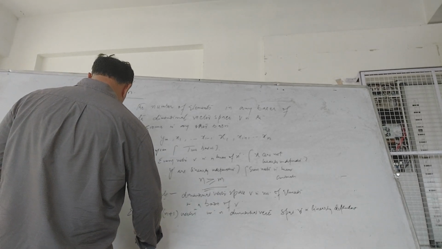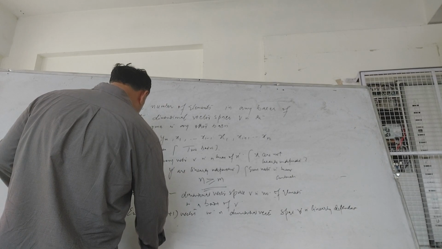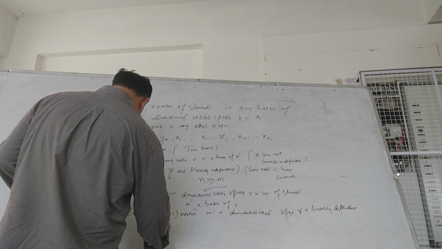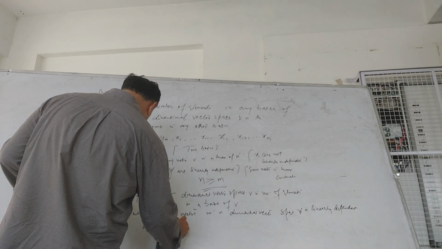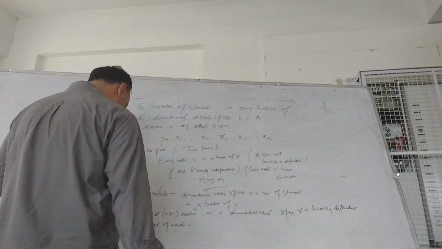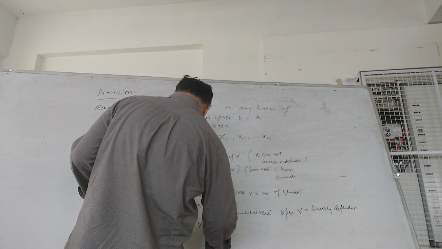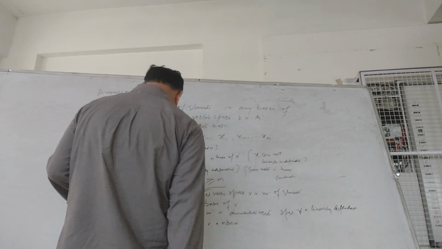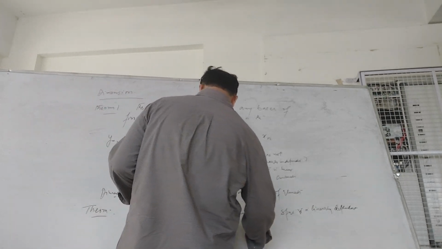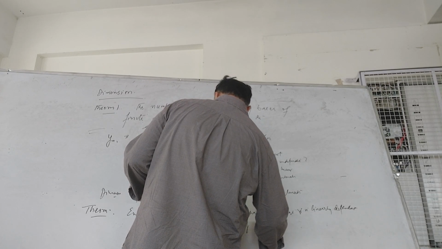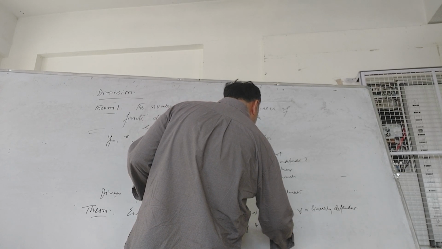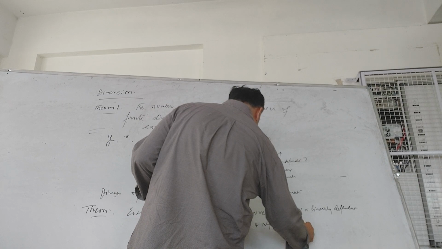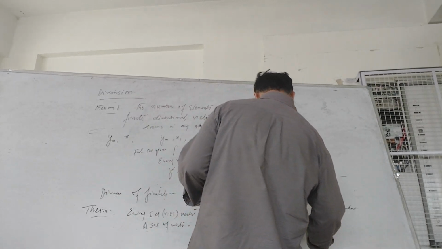In an n-dimensional vector space, a set of vectors in V is a basis if and only if it's linearly independent.